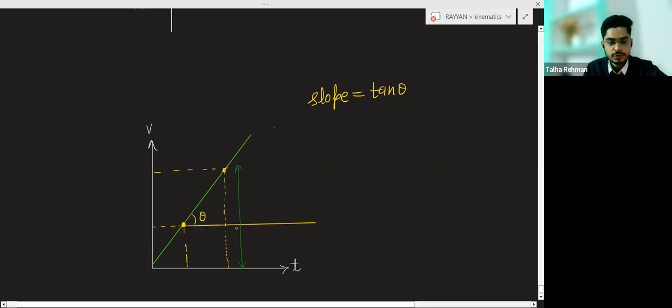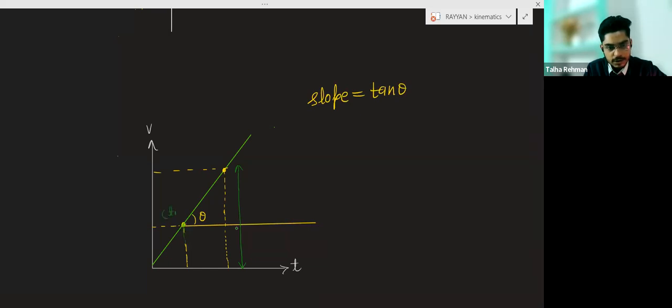This coordinate will be t1, v1. So this is the x coordinate. We write first the x coordinate, then the y coordinate. So this coordinate is (t1, v1), and this coordinate will be (t2, v2).